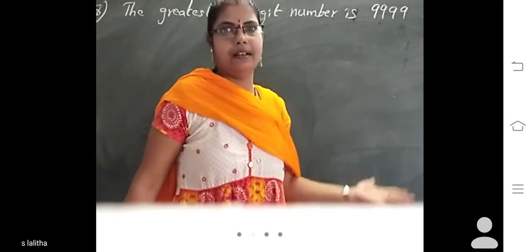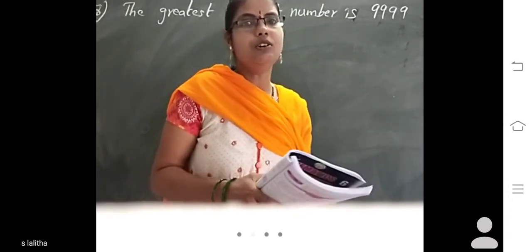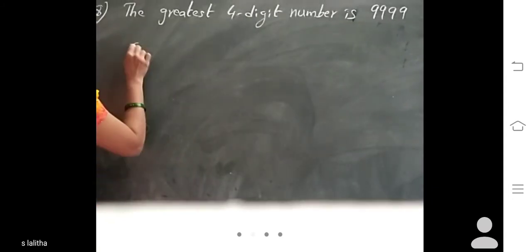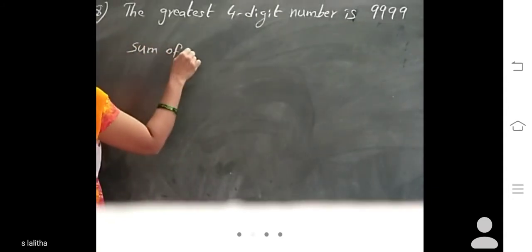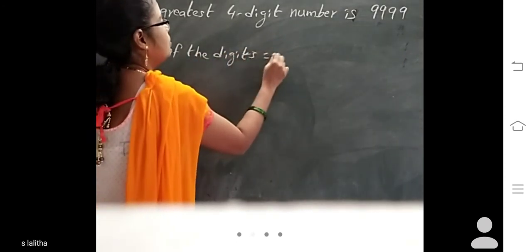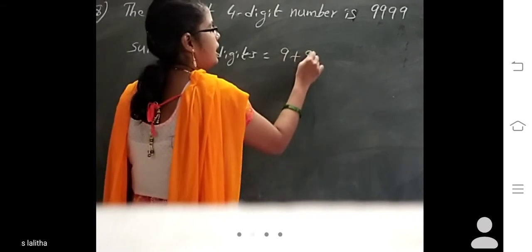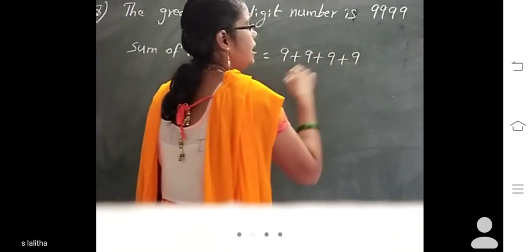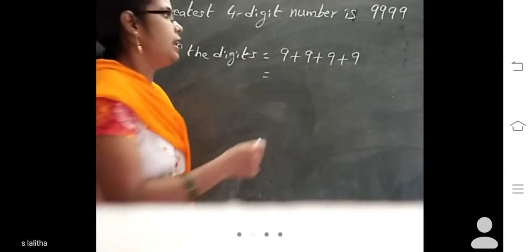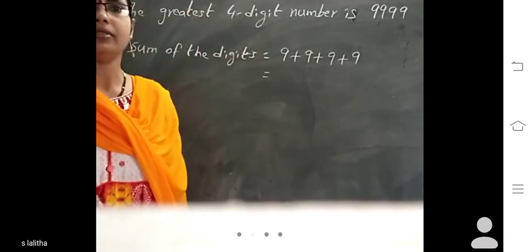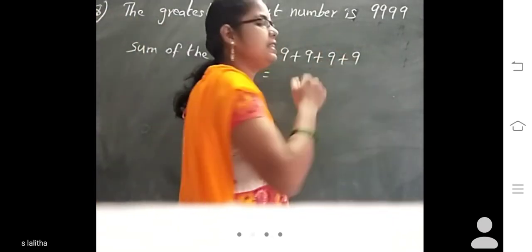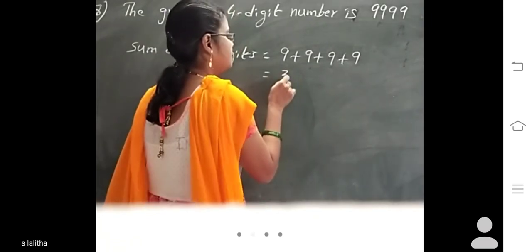Now what do you have to do? Is it divisible by 3? What is the rule? Sum of the digits. Sum of the digits equals 9 plus 9 plus 9 plus 9. 9 plus 9, how much? 18. 18 plus 9 is 27. 27 plus 9 is 36.